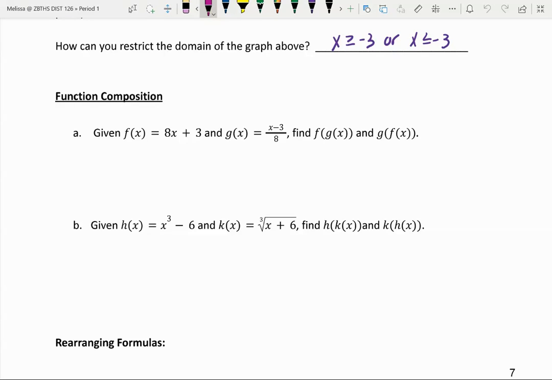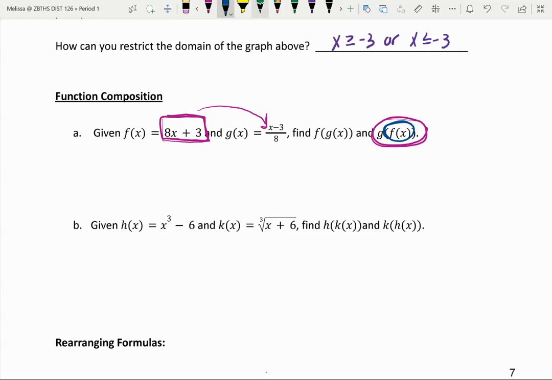Okay, so I'm going to take this 8x plus 3, it doesn't matter what order you do this in, and 8x plus 3 is going to be substituted in here for x. That's g of f of x, because I'm substituting f of x into g.